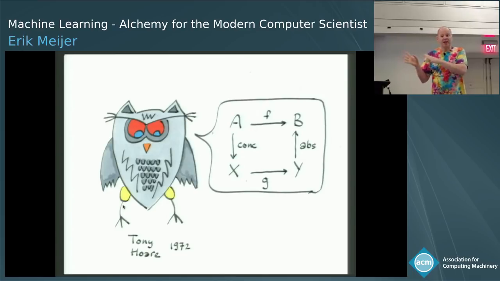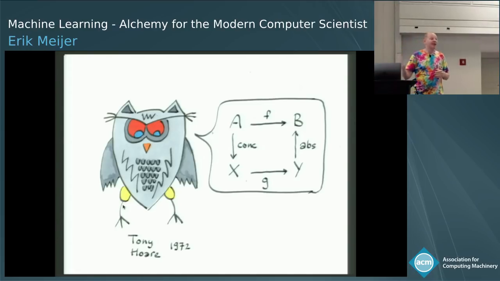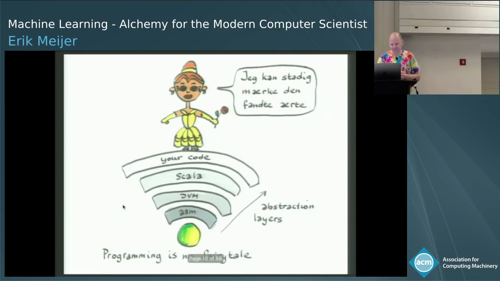This is a great paper and a great idea, but what it doesn't show is that there's always an abstraction leak. And so again, you cannot really formalize it as cleanly as this.